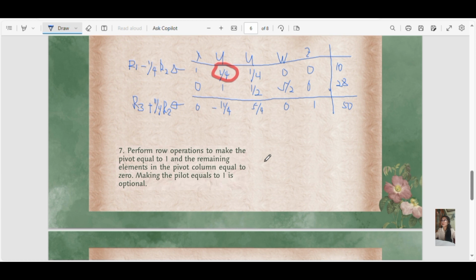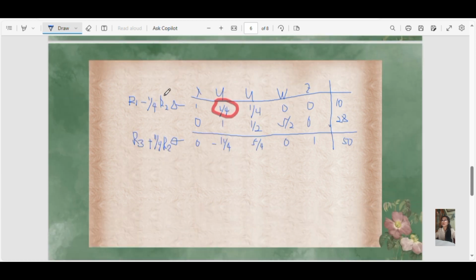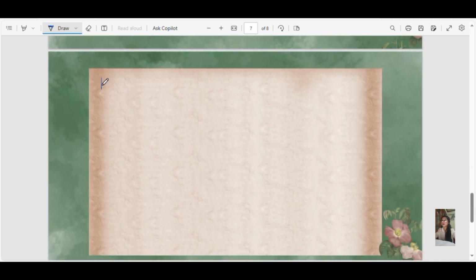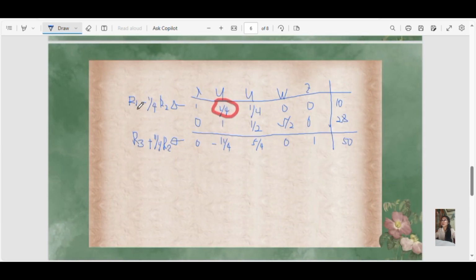So we use again the procedure 7, and we're going to perform the row operations using the formula. That is R1 minus 1/4 of R2. Again, what is row 1?